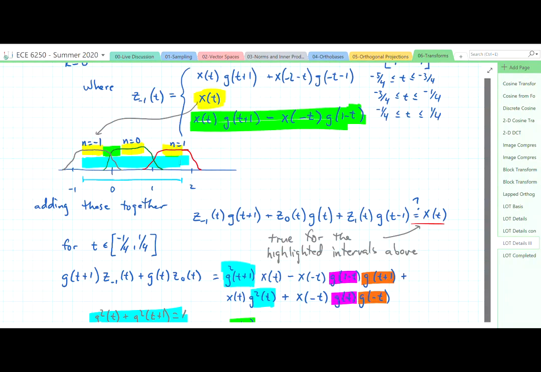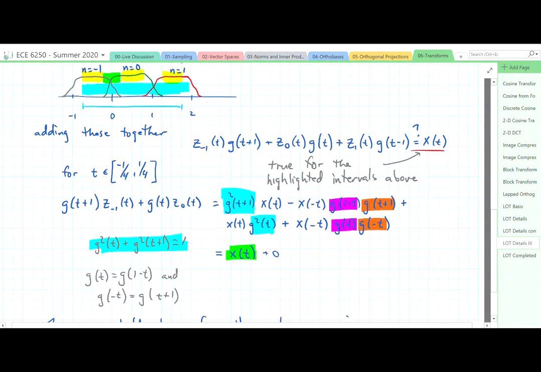So let's multiply everything out. Since we're multiplying g times z, and z itself has g's in it, when we plug this all in, we're going to get, as highlighted in blue down here, some g squared functions.